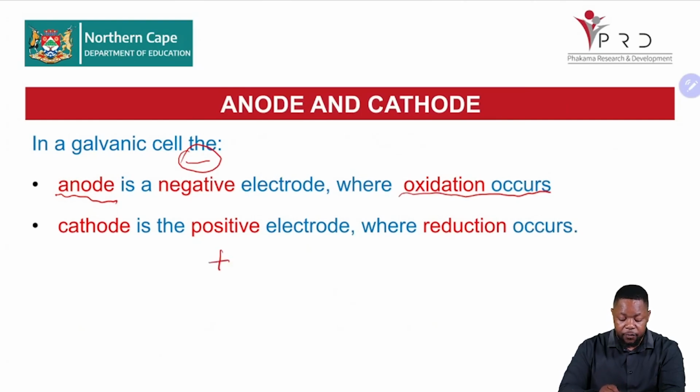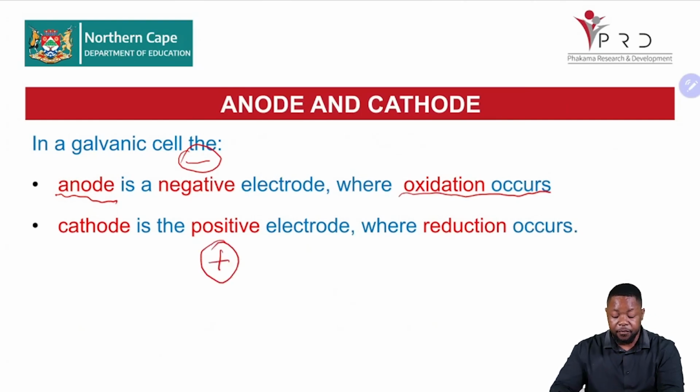The cathode in a galvanic cell is positive, and that is where reduction occurs. This is very important. In a galvanic cell, the anode must have a negative charge on its electrode, and that is where oxidation occurs. The cathode will have a positive charge on its electrode, and that is where reduction occurs.